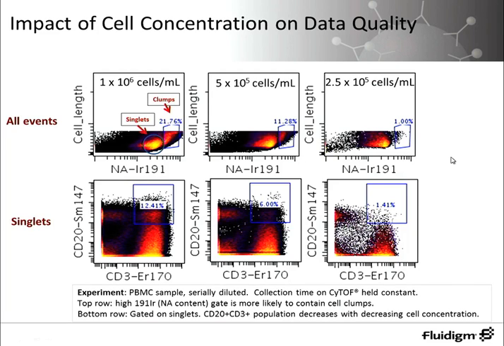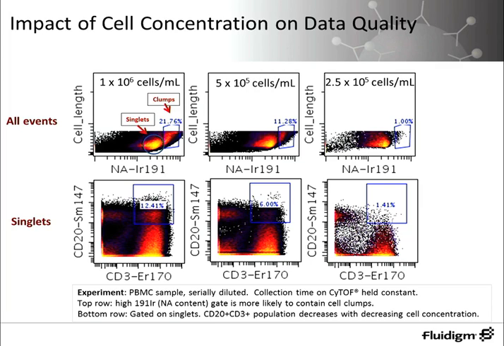And this is just showing some data that was actually collected a while ago on an original CyTOF. And this is just showing you that when you look at 3 different cell concentrations, 1,000,000, 500,000, and 250,000, you can see these clumps or ion cloud fusions being quite high at 1,000,000 cells per mil, going down significantly at 500,000 and even further at 250,000.